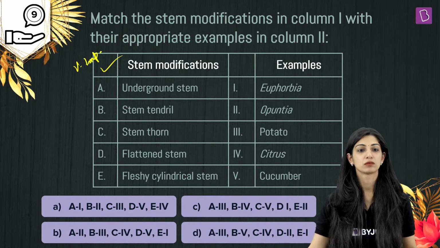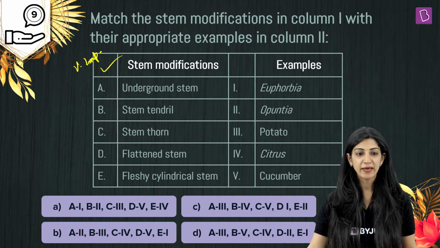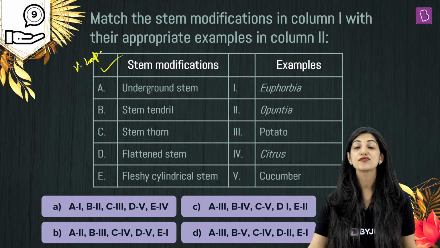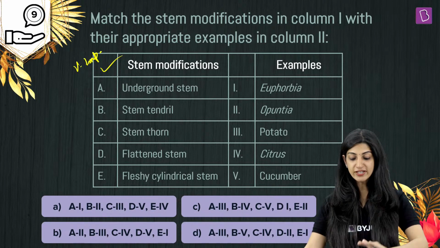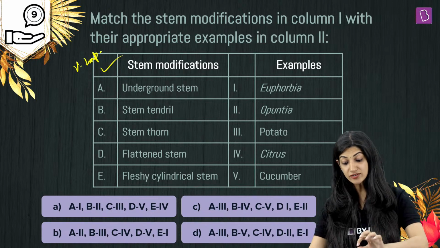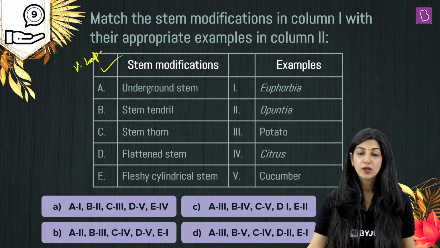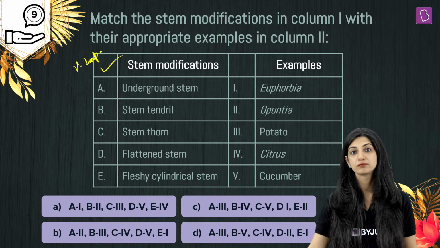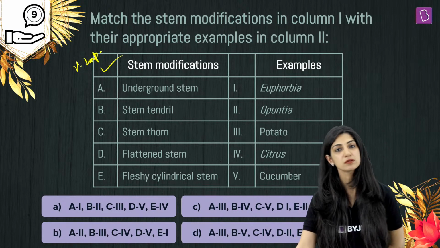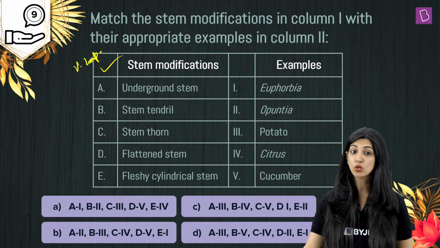The spelling can be a little off, that's fine. It is phylloclade. Then fleshy cylindrical stem, that is also phylloclade. Okay, flattened stem can be cladode also.